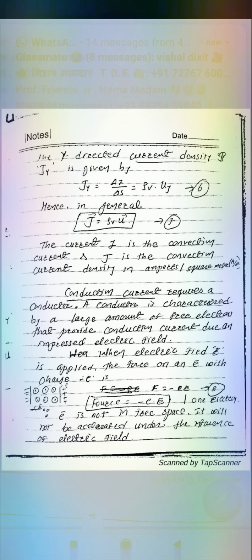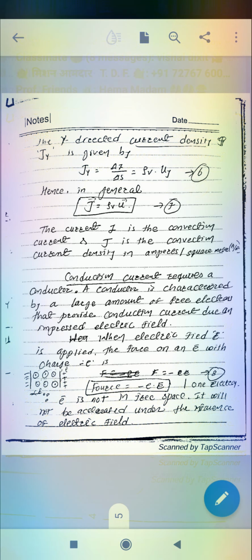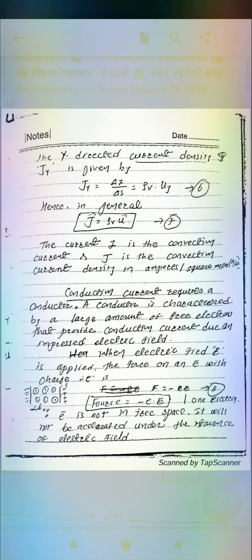Conduction current requires a conductor like copper or aluminium, any metal. A conductor is characterized by a large amount of free electrons that provide conduction current due to an impressed electric field.